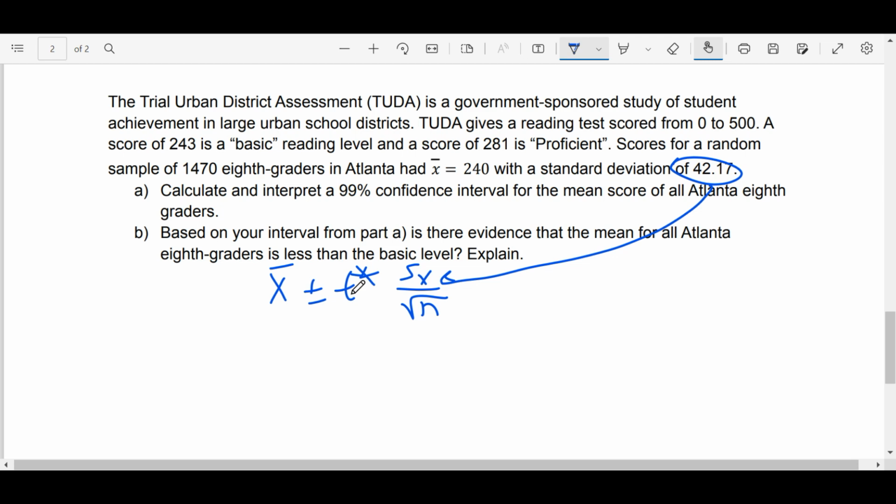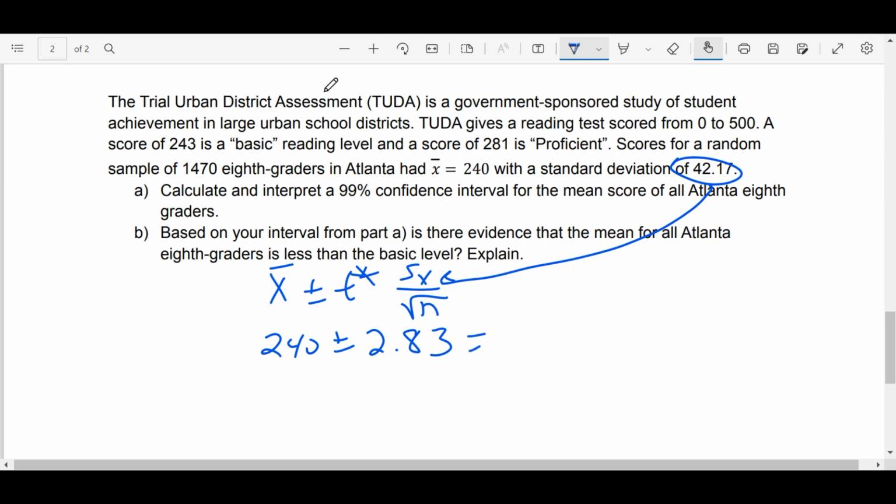Throw that in for your area, and then you will get about 2.57. Your sample mean is 240, so 240 plus or minus, it comes out to be approximately 2.83.